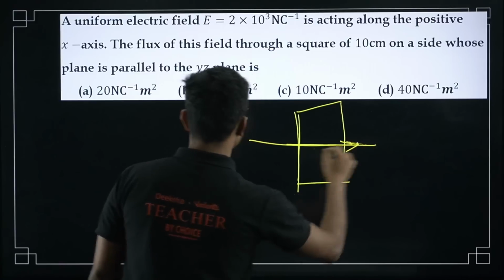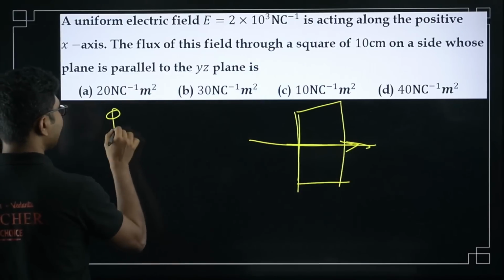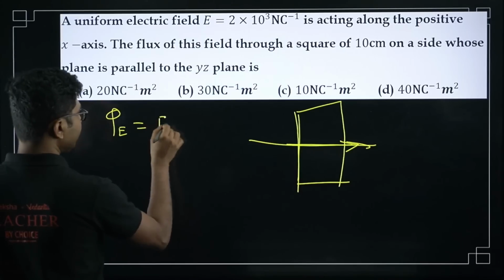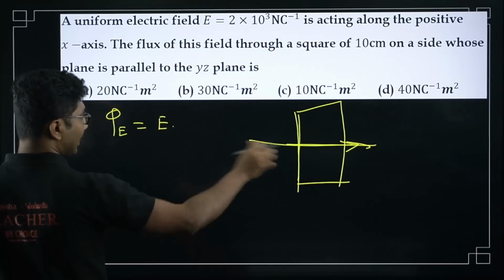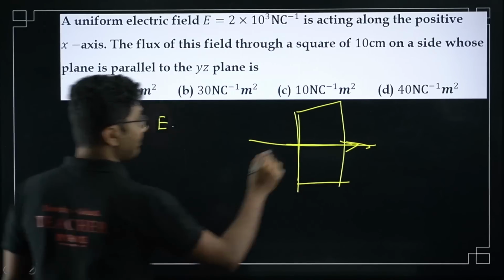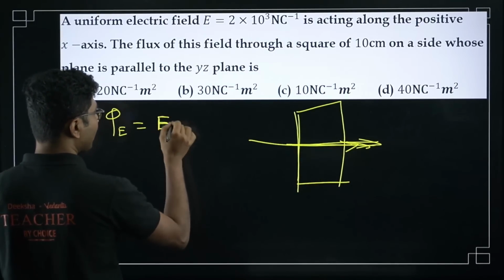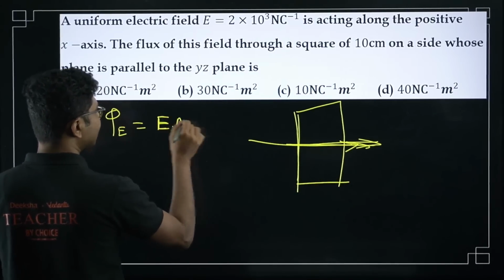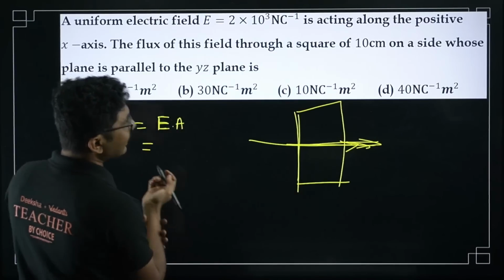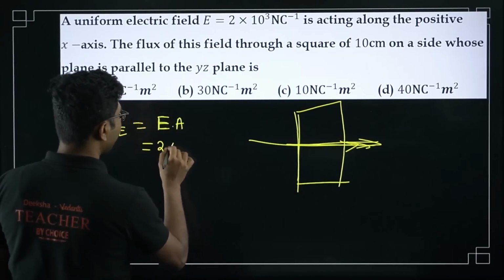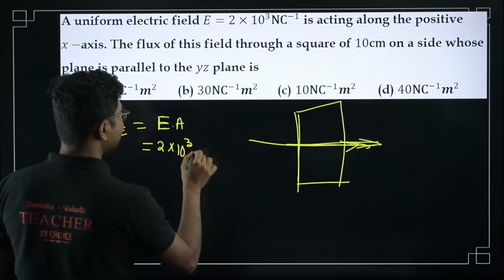Very easy question. Electric flux is basically given by E dot dA, but here they are in the same direction. So sin theta is 0, cos theta is 1, so it will be just E into A. So electric field is 2 into 10 to the power of 3, and what is area?